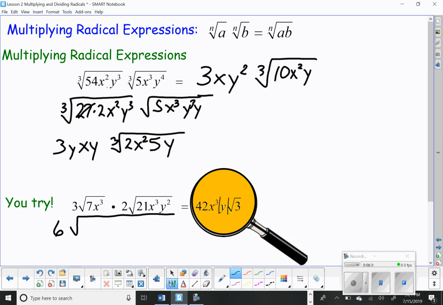Then I have a square root of 7 x squared x, 3 times 7 x squared x, y squared. Well, the 7's come out, so I have 6 times 7. Then I can get an x and an x. I've got x squared. Then I've got a y squared, so I've got the y.